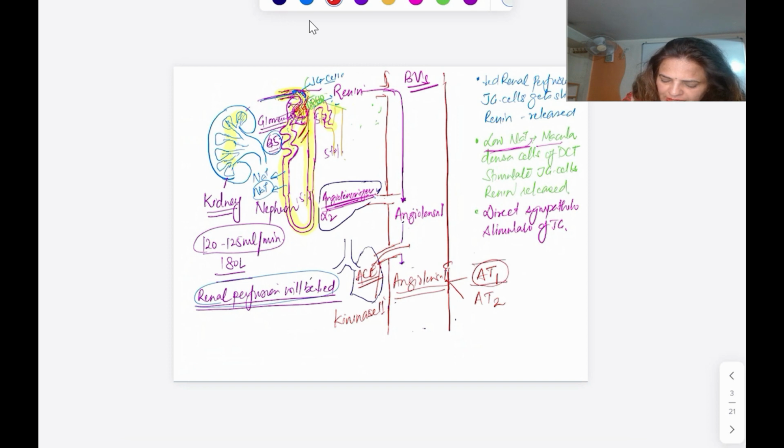If we expand AT1, it is angiotensin 2 type 1 receptor. Here also, angiotensin 2 type 2 receptor. Most of the action of angiotensin 2 is exerted by the AT1 receptor. So maximum action is exerted by the AT1 receptor.